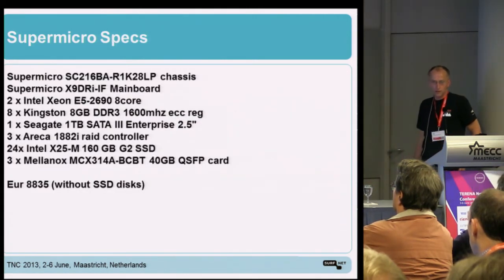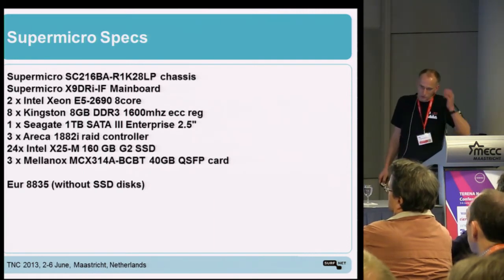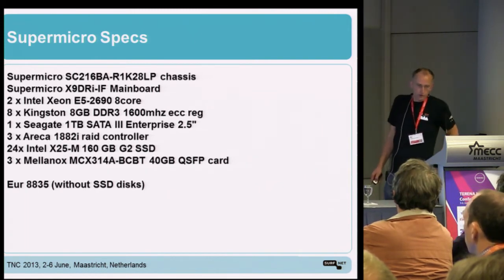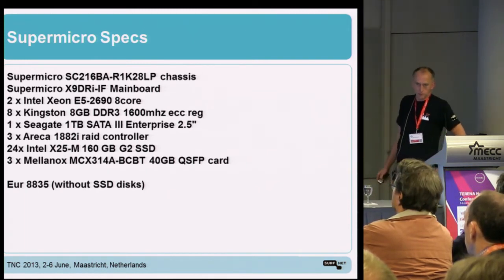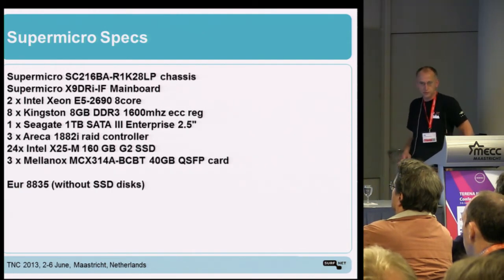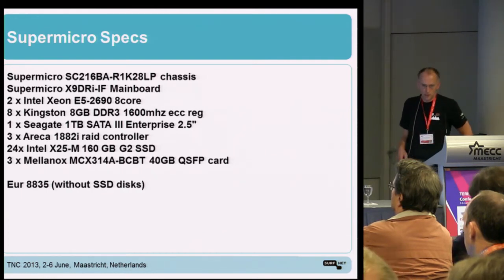Specs of the Supermicro server: 2 Xeon processors, 64 gigabytes of memory, a disk for the operating system. There's 3 RAID controllers, a couple of SSD disks, and 3 40 gig Mellanox cards.